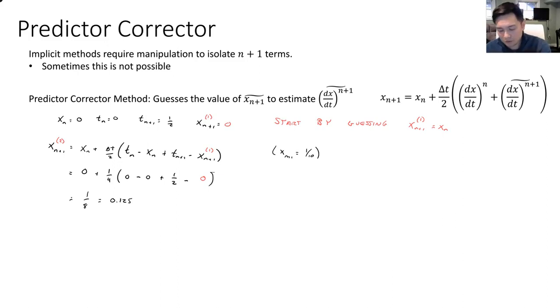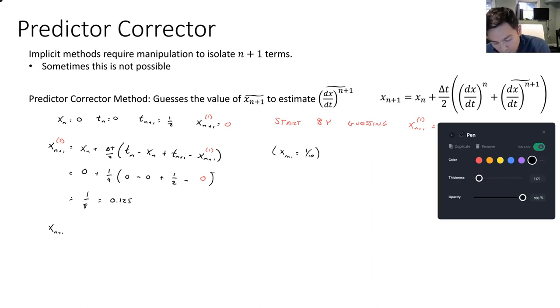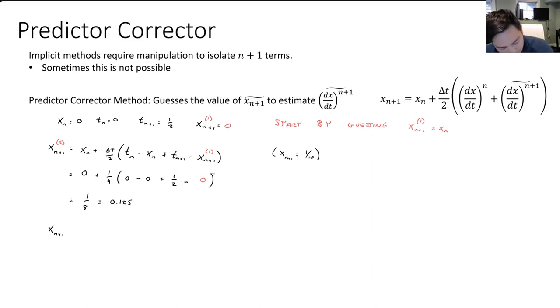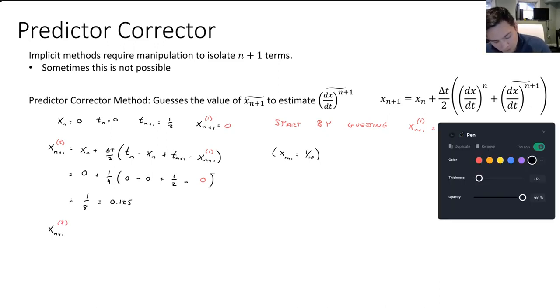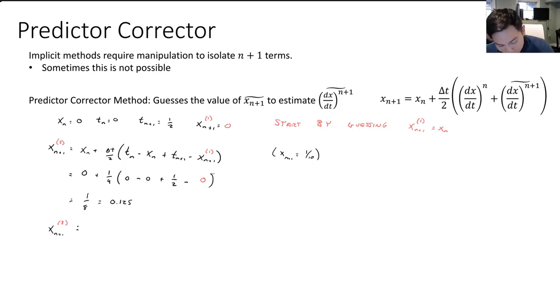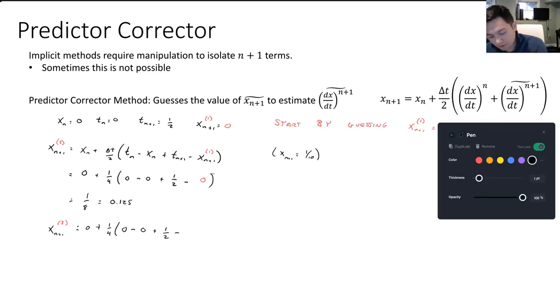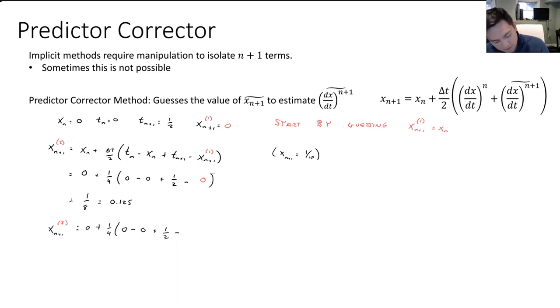Well, let's see what happens if we take another approximation. So now we say x of n plus 1, approximation 3, is equal to x sub n, which is still 0, plus delta t by 2, which is still 1/4, times tn, which is still 0, minus xn, which is still 0, plus tn plus 1, which is still a half, minus the new x of n plus 1 value, which is now not 0, but 1/8. Well, what does that give us?